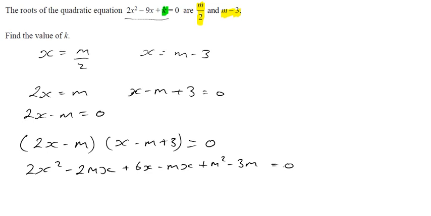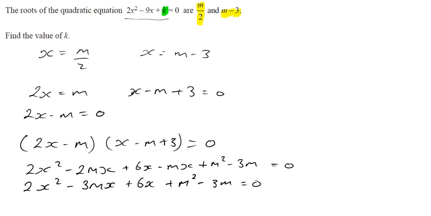So see how I've got this. I'm just going to simplify a bit. So I've got 2x squared minus 3mx plus 6x plus m squared minus 3m equals 0.